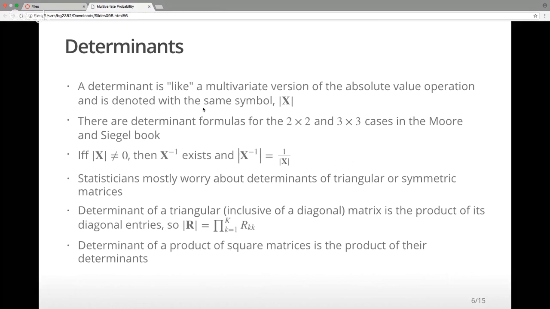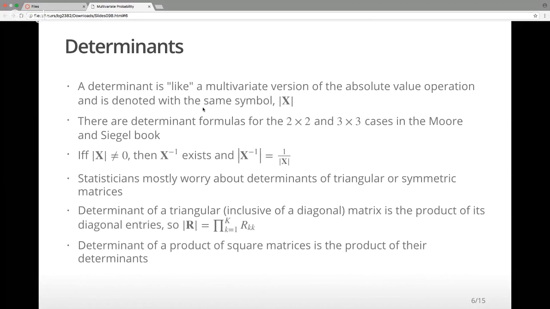So a determinant is a scalar function of a matrix that is somewhat analogous to the absolute value operation. The absolute value operation for a scalar, if you kind of apply that to a matrix, you get a concept known as the determinant.